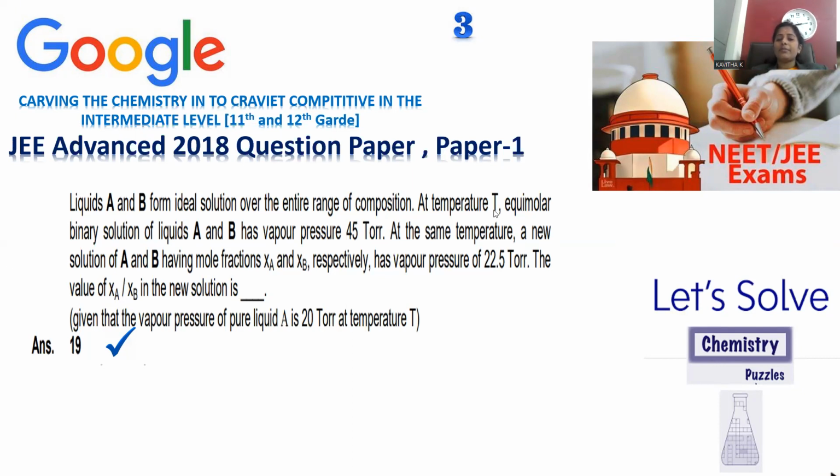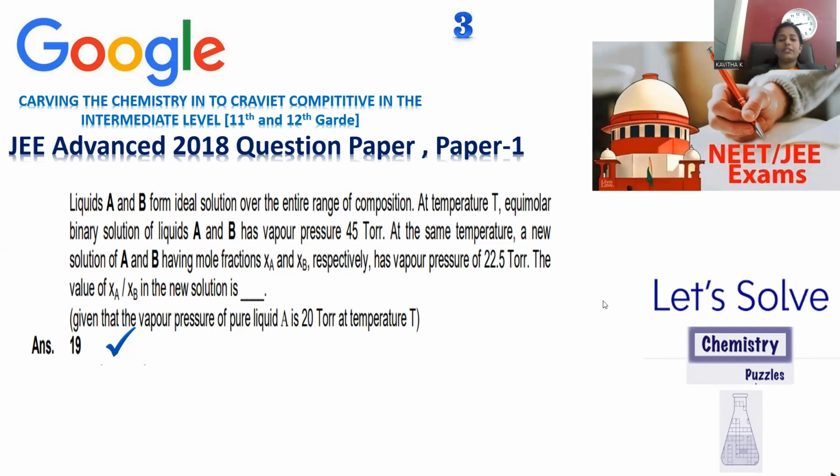At the temperature T, an equimolar binary solution of liquids A, B has a vapor pressure of 45 bar, right? Temperature T is provided.